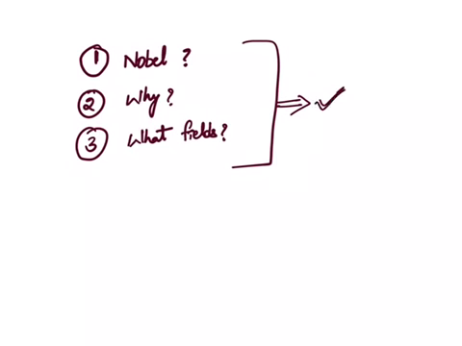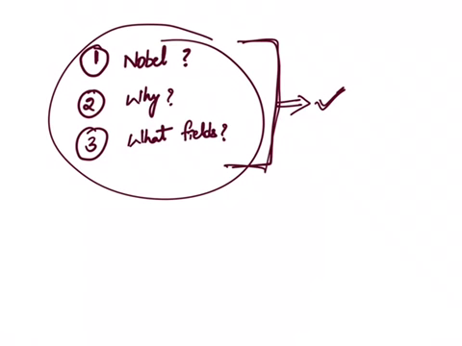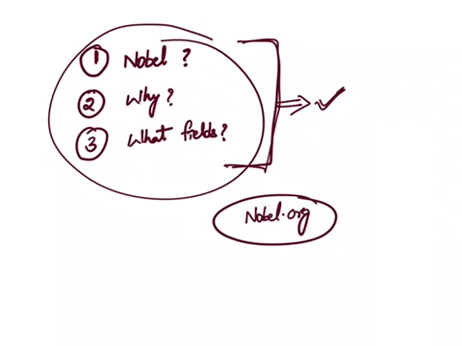Otherwise, for our civil services examination, whatever we have discussed, the area, the people, and the applications of the technology or the discovery made by them, that is enough. If we are writing the state services exam along with them, we should also note down this factual information, which you can find on Nobel.org. This is the official website of the Nobel Prize Committee. So you can go to this website and search for the data.